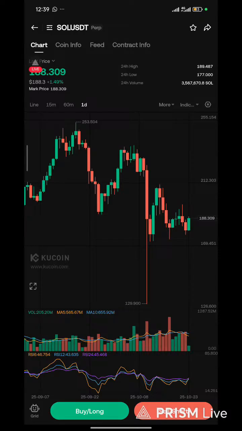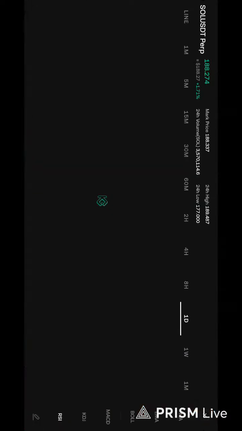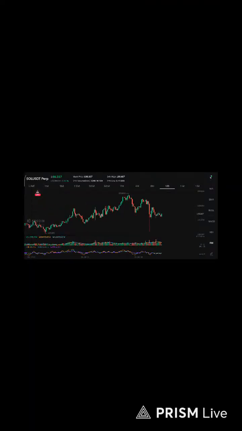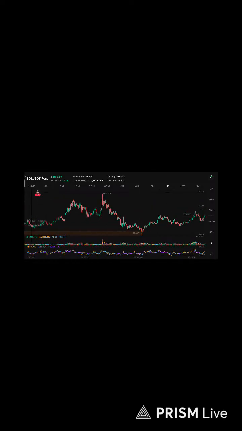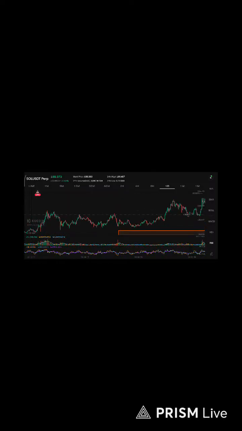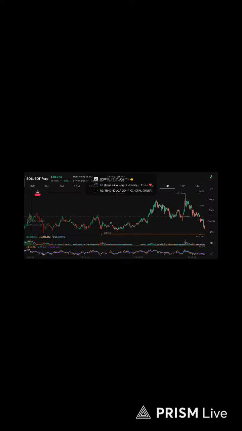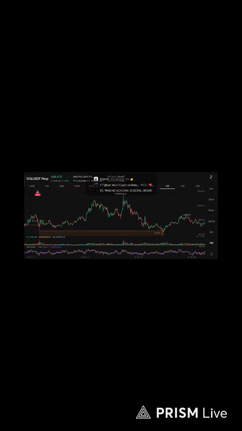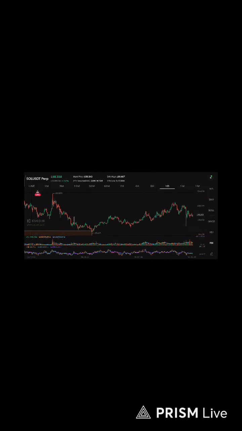So this is it. Trying to show you the support zone and the resistance zone. This is my support zone. And also we can take our resistance to somewhere here.